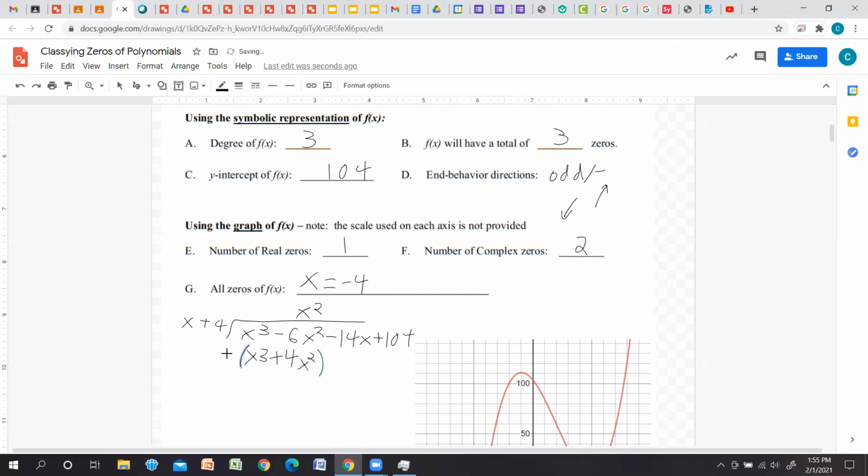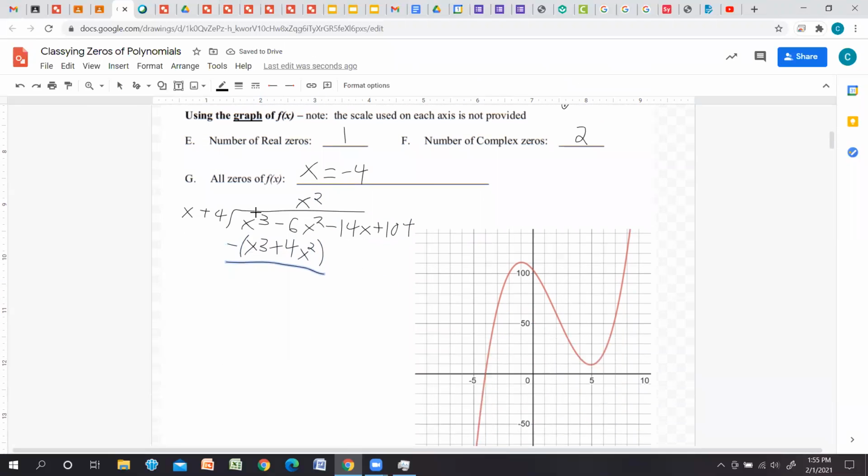You subtract it. And keep in mind, both of these will become negative signs, so these cancel out. You get negative 10x squared. Bring down the negative 14x. And again, you say, what's negative 10x squared divided by x? Well, that's negative 10x.